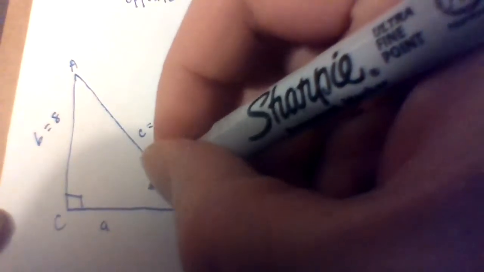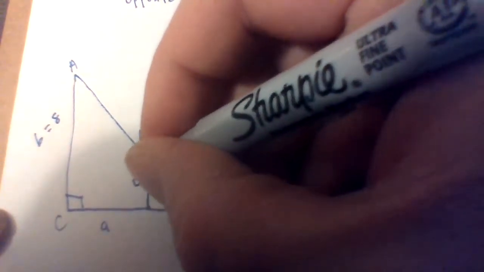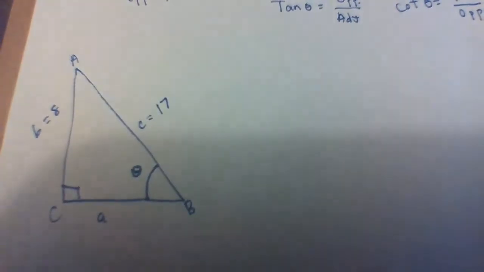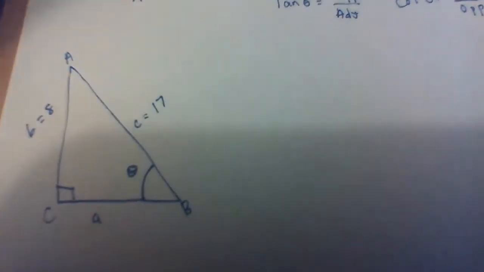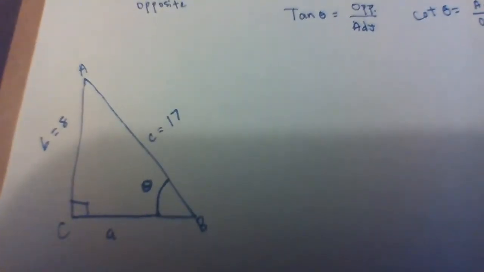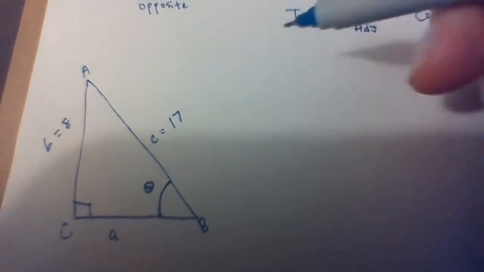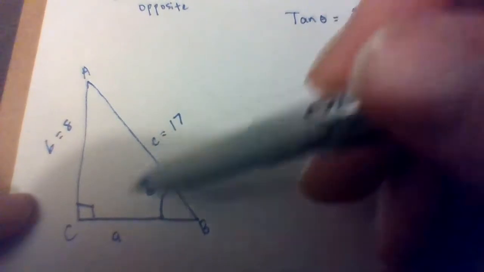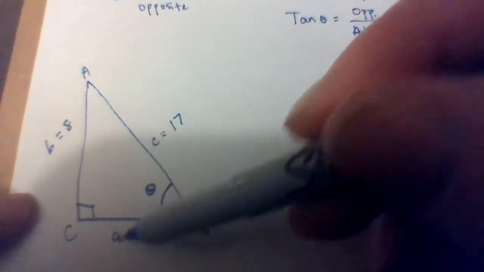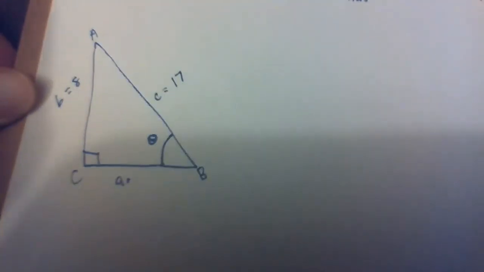And let's say we use this angle here. We'll call that angle theta. Okay, or you can call it angle B if you want. Find the 6 trig functions of theta. Okay. Well, the first thing you need to do is find this side. And how do we find that side, boys and girls? Pythagorean theorem.